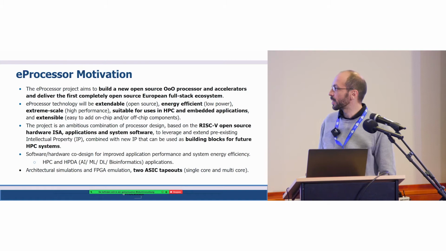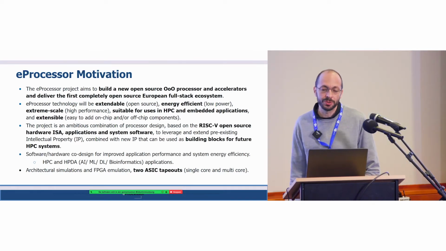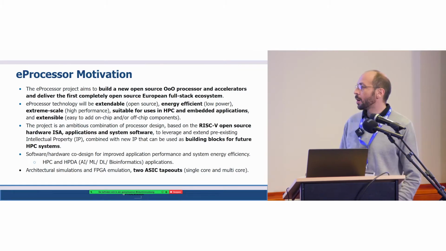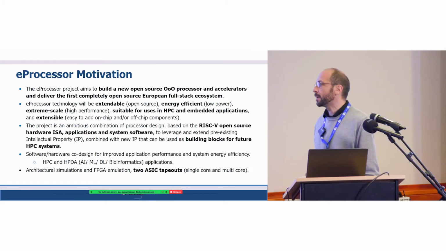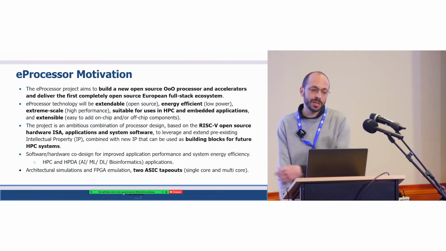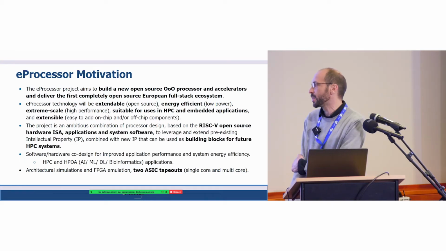As I said, it's a combination of RISC-V ISA, applications and system software that we hopefully want to use in the future as building blocks for future HPC systems. We're doing software hardware codesign for improved performance and energy efficiency. We're looking into HPC and high performance data analytics applications.